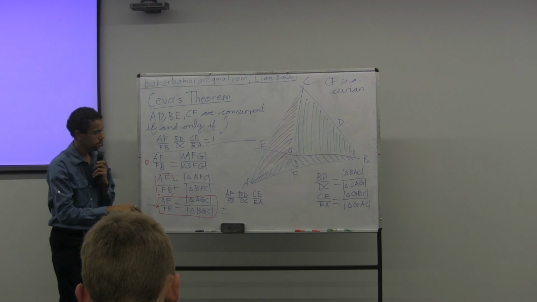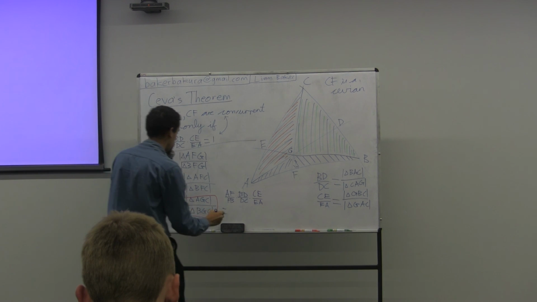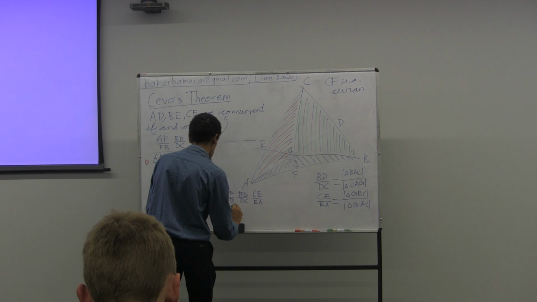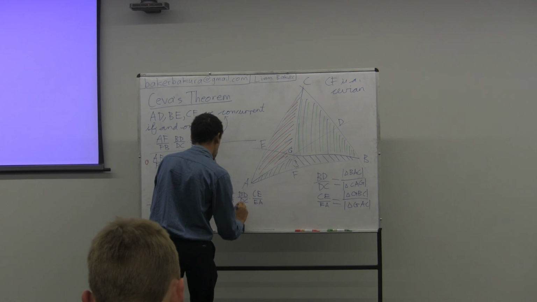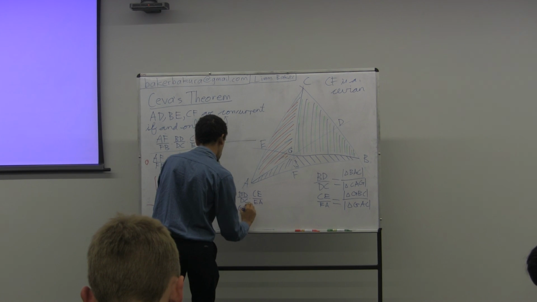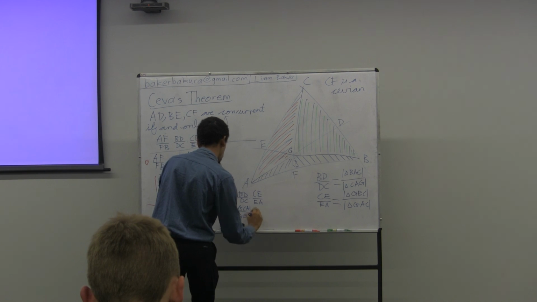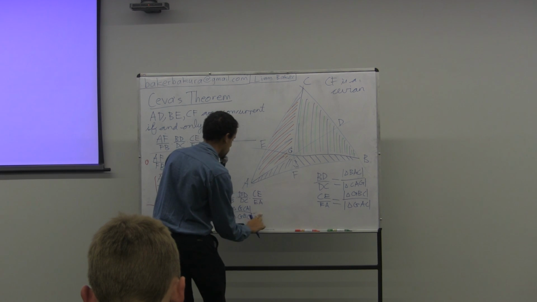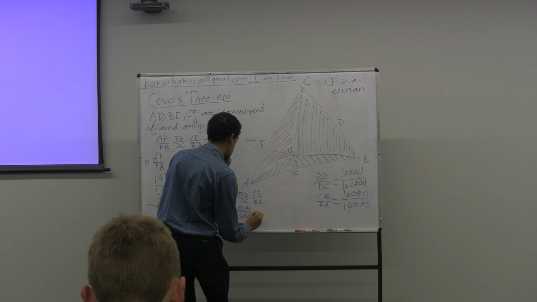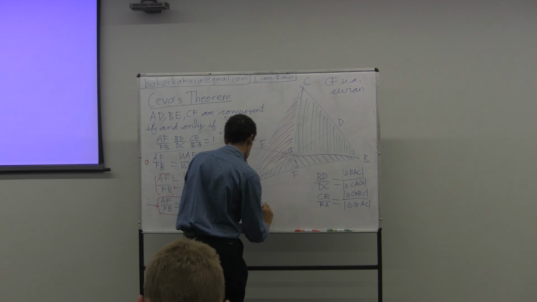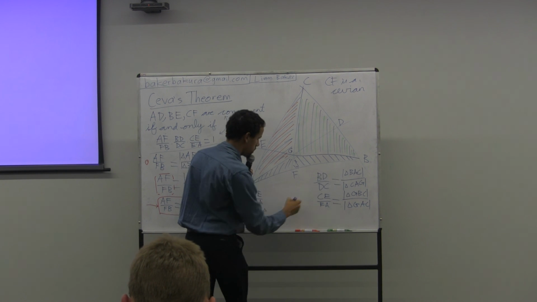Okay, cool. So AF over AB, let's write it this way, the area of GCA over triangle GBC, and that's times triangle over there.